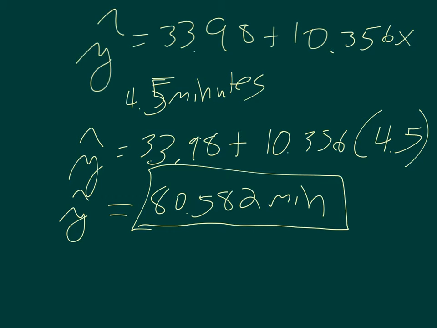That's my predicted time. Then I can actually measure that time, start my stopwatch again, go do something, come back, because to sit there for 80 minutes, over an hour, you might be waiting a while. But you can actually time it all out and find out how long it actually was, and then find the residual, which is awesome.